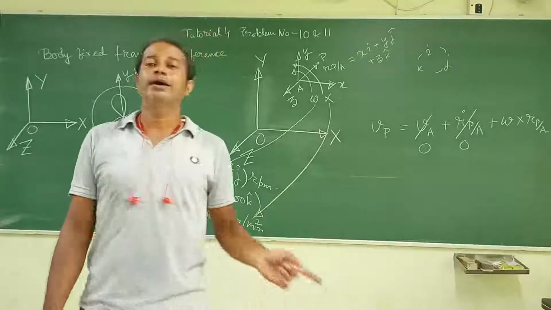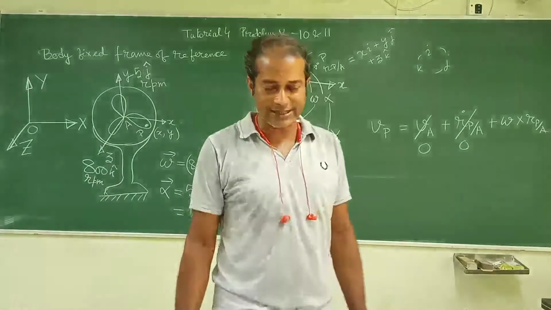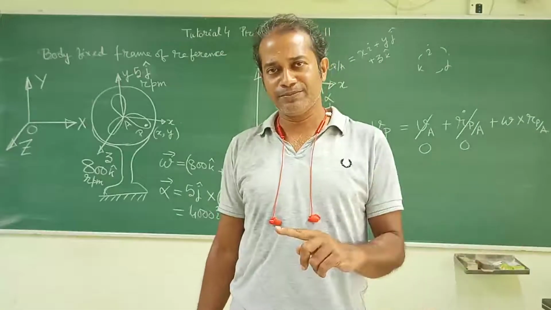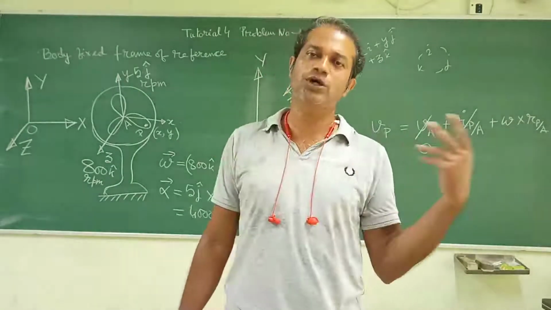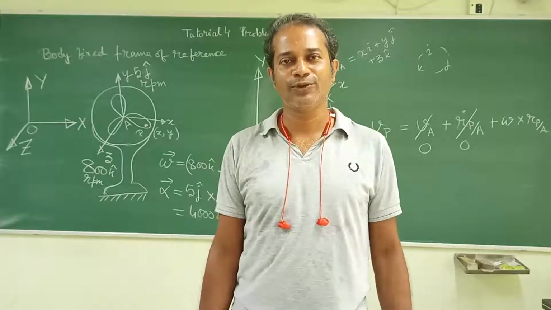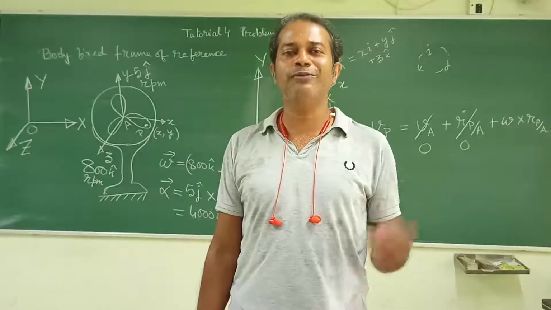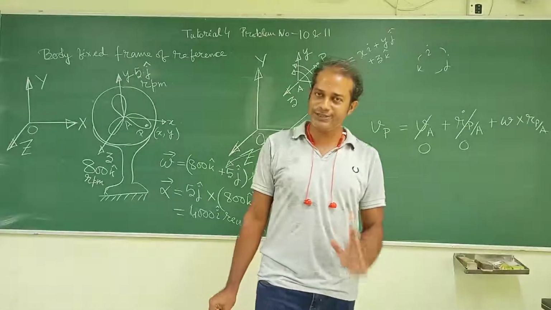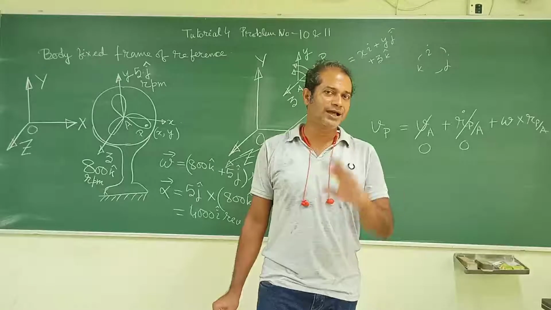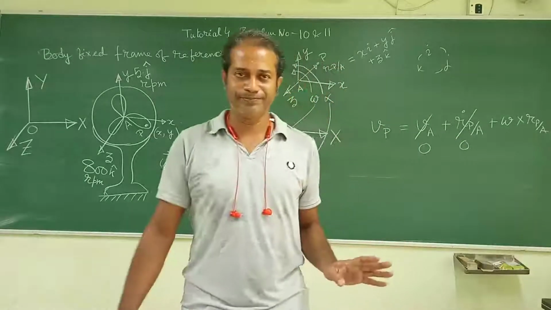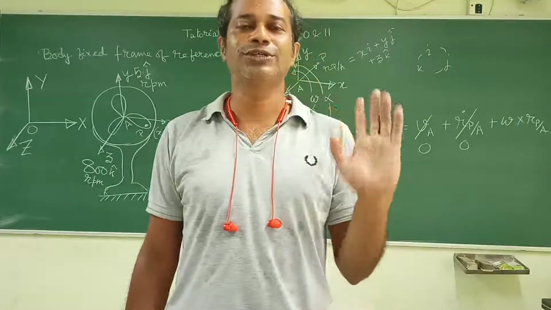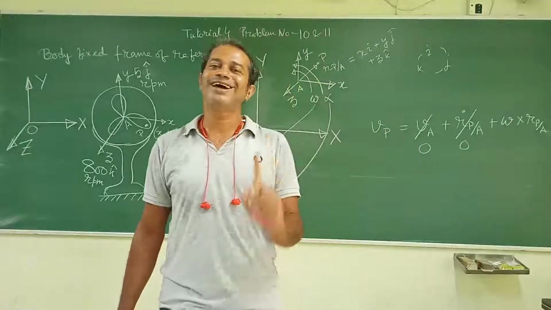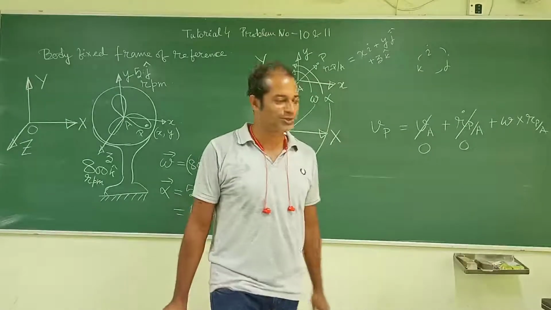Now let me explain another point. If you look at Beer-Johnston, Meriam and Medium, you will find there are many ways to solve these kinds of problems. What I am going to choose is a direct method, strictly using absolute differentiation of a vector, and from that I will solve the entire problem. But you are free to choose any method used by the books, and they will lead to the same result. So please keep that in mind.